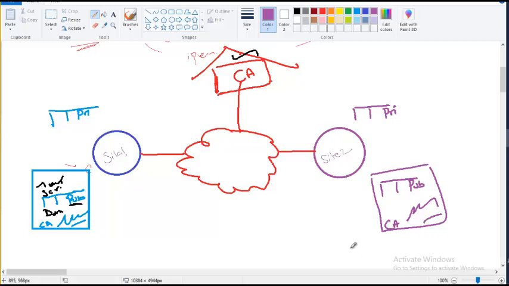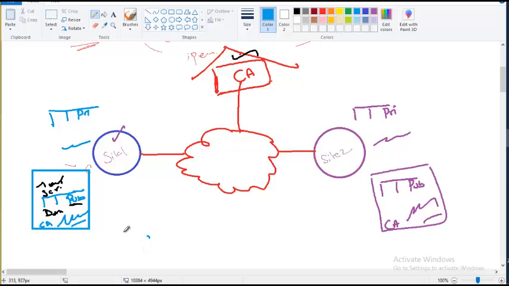Now both have got the CA signature on it. Site 1 knows how the CA signature will look. It knows. Site 1 has seen the signature. It will have the download of the signature. Site 2 will have the signature downloaded in its database.